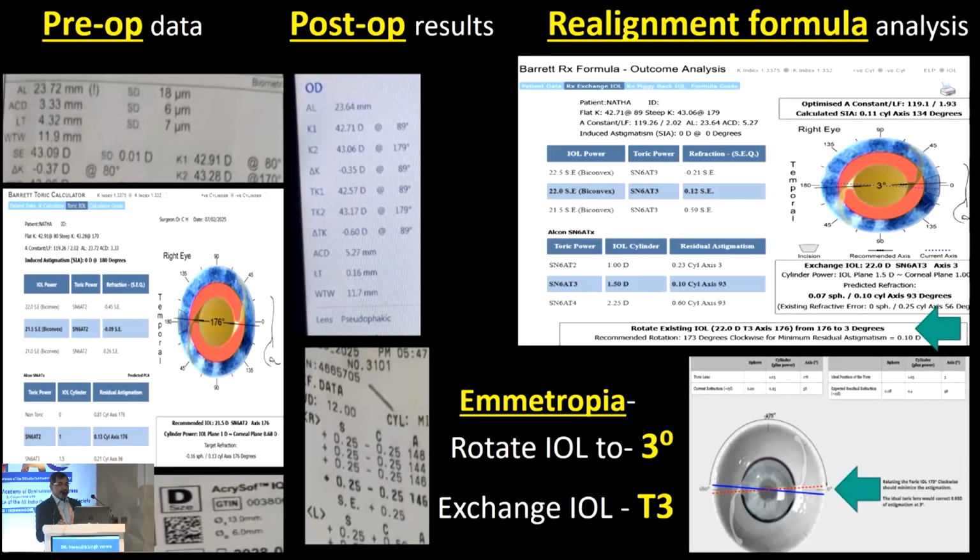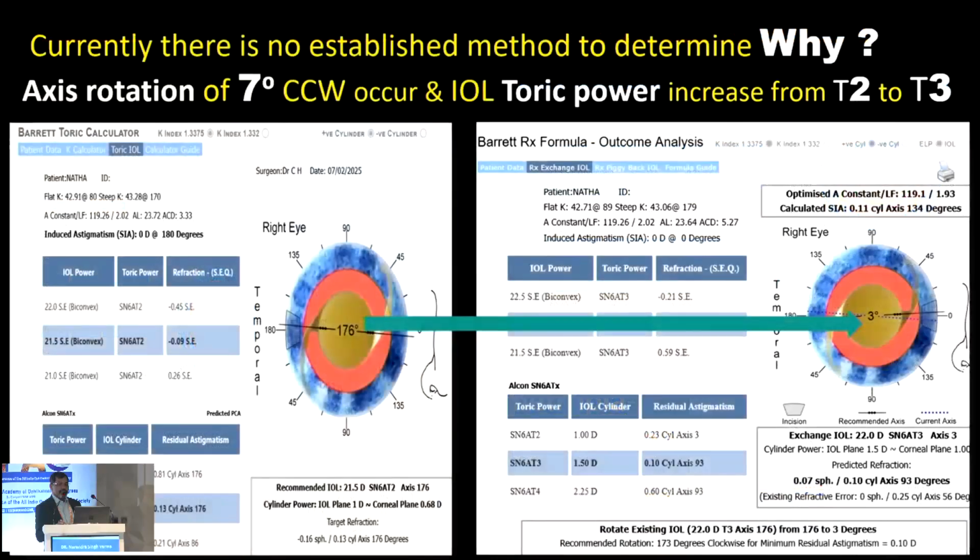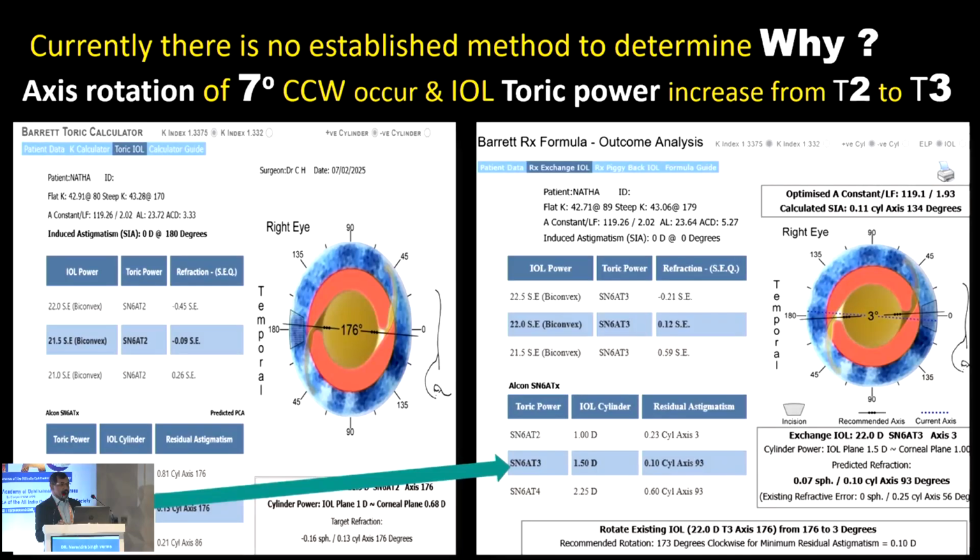Both realignment formulas recommended rotating the IOL from 176 degrees to 3 degrees to achieve emmetropia, and toric power of the exchange IOL increased from T2 to T3. Currently, toric error analyzer is the only method to determine why axis rotation of 7 degrees occurs and why the toric power increases from T2 to T3.